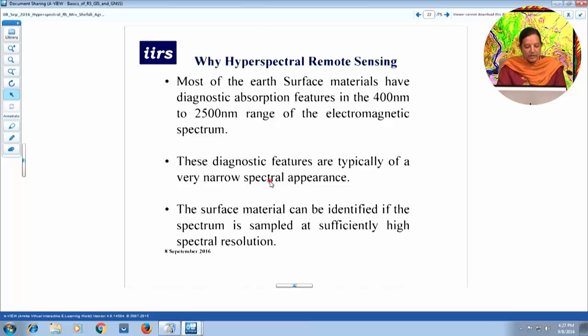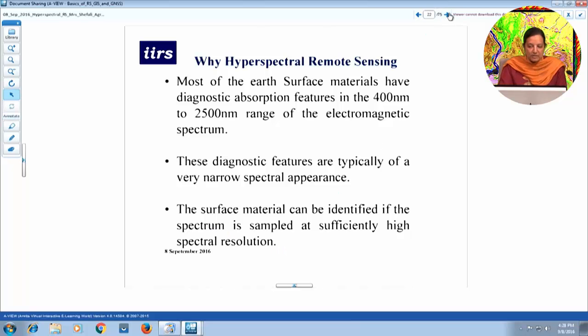Like I said, in the region of 1.36 to 1.38 micrometers, the water vapor present in the atmosphere absorbs the radiation. Similarly, the material present in the object absorbs the radiation. If I talk about minerals, each is composed of hydroxyl, carbonate, or sulfates. When they interact with the electromagnetic radiation, there is reflection and absorption. The absorption points are very narrow in region, and where they occur depends on the composition of the object.